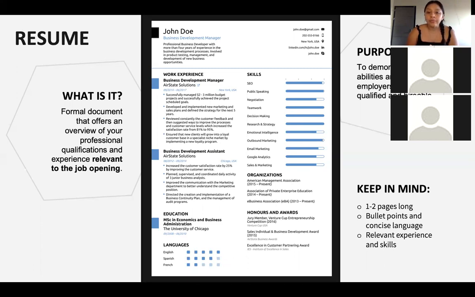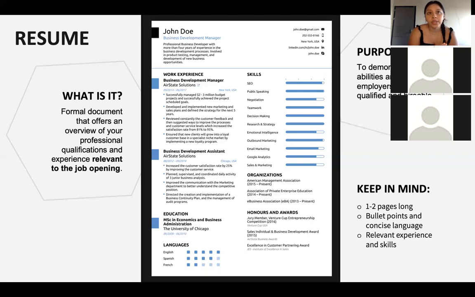So remember how we said that in a CV, you add all your work history and your professional development? In a resume, it is more compact because it only highlights the parts of your professional history that are relevant to the job you're applying for.